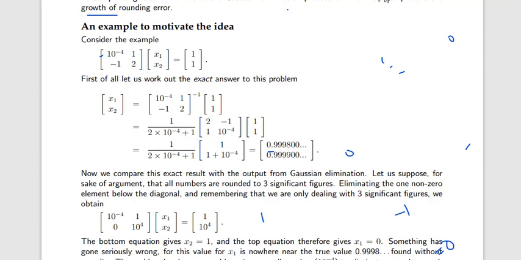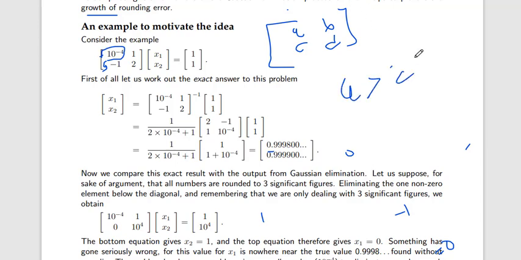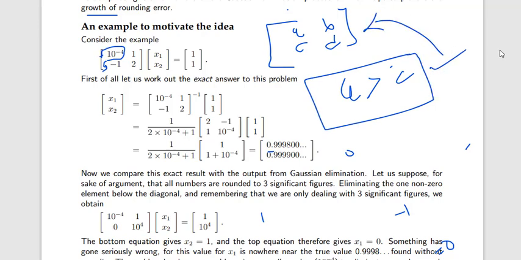In simple words, if you want to use Gaussian elimination, the first row diagonal value should be larger than the number below it. So let's take an example A, B, C, D. If you want Gaussian elimination, the condition is that A is larger than C, then we take Gaussian elimination as a method to solve the linear equation.